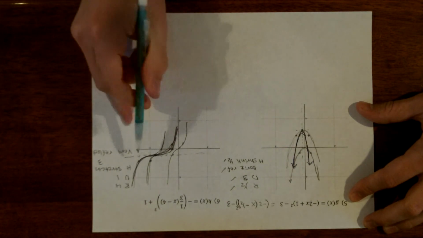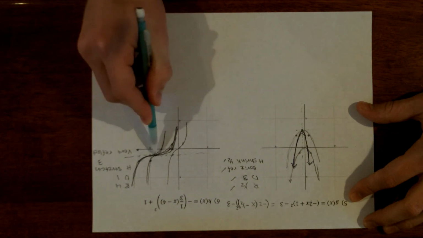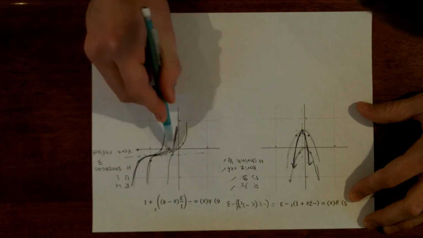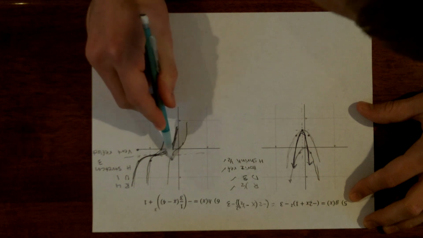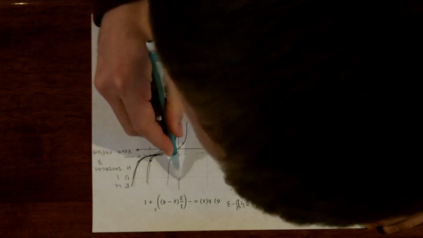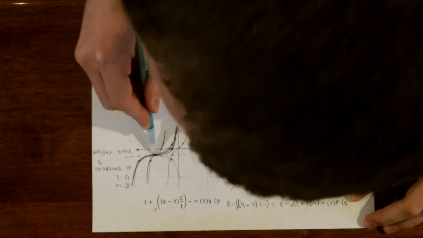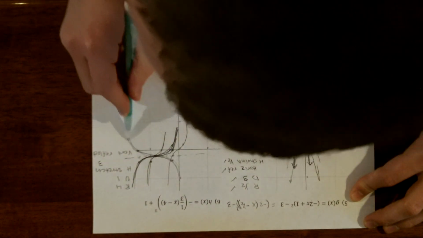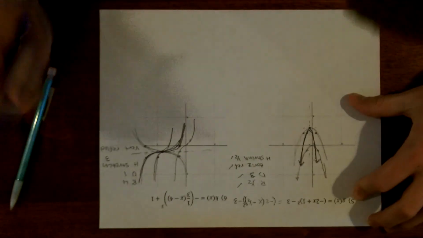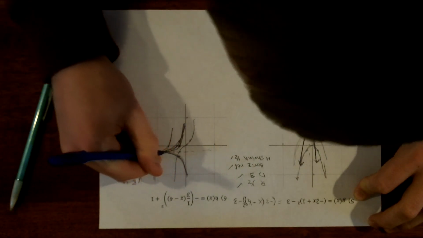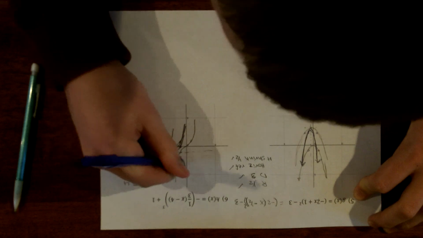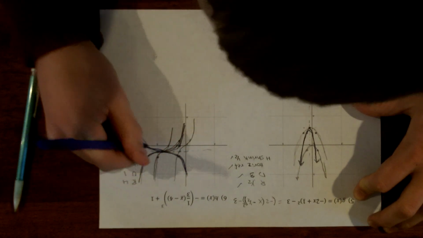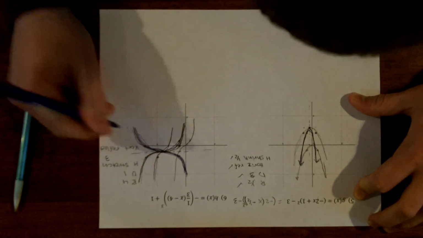So we should have gone, we went over 3, up 1, so we're going to go over 3, down 1, over 3, down 1, over 3, up 1. So our final graph should look something like this. Alright, so drawing that in with my blue pen just to make it a little bit more distinct. Looks something like this. Alright, so that graph is all done.